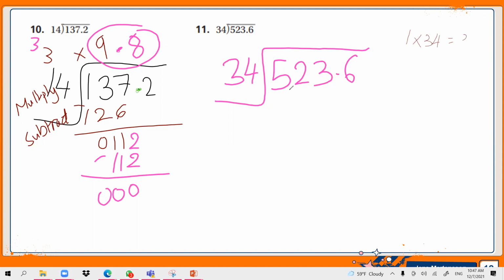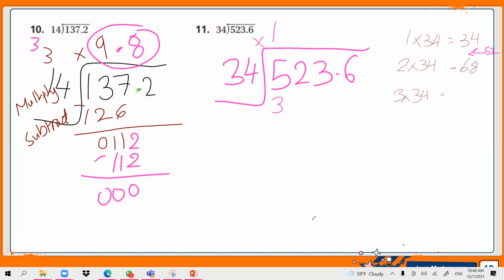See, 1 times 34 is 34. 2 times 34 is 68. So it is somewhere here. So what did you take, 34 or 68? The less than 52. 34. So what is the number that you multiply by 34 to get 34? 1.